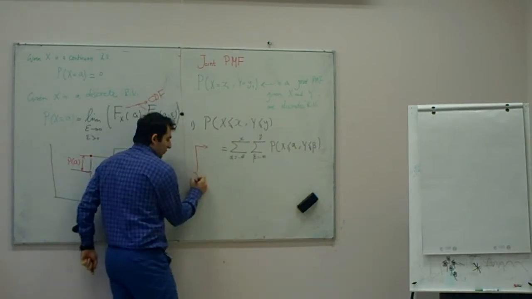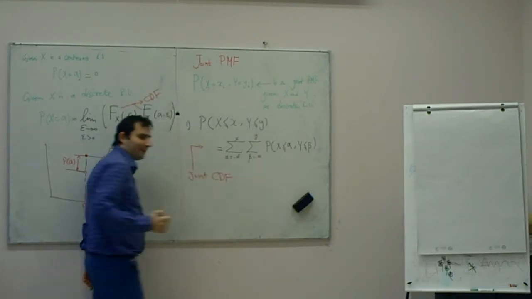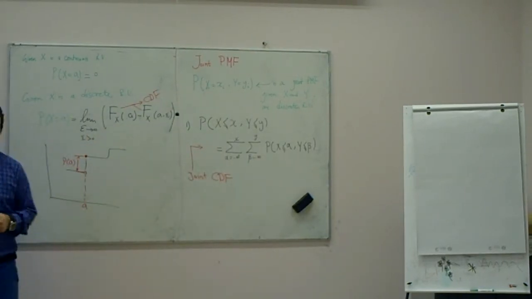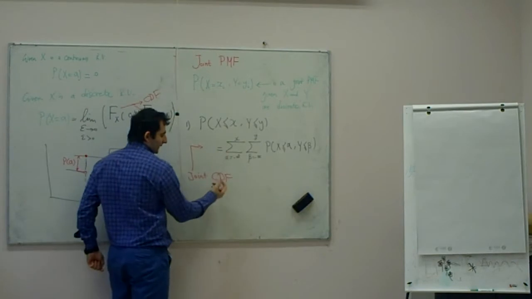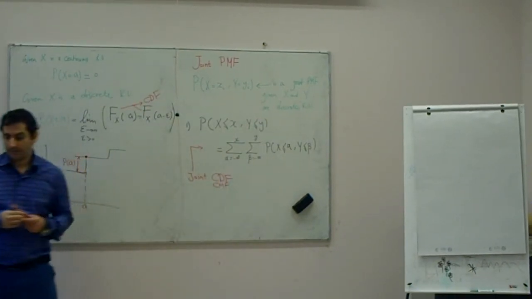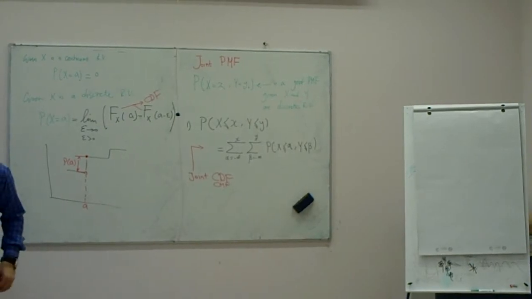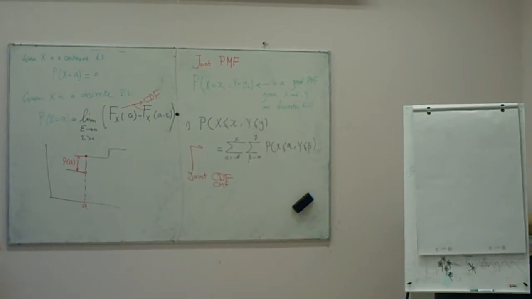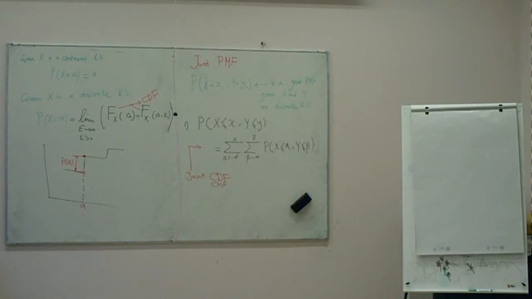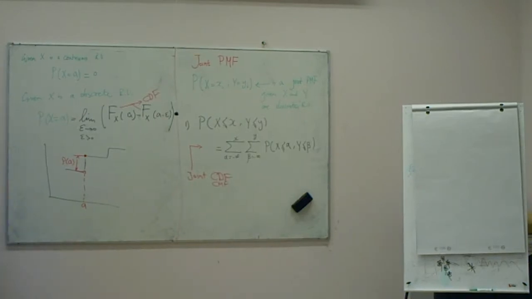So this is the joint CDF, or well, in case of discrete, you can call it CMF. Now, we are talking about the joint PMF, okay? We are talking about the joint PMF.